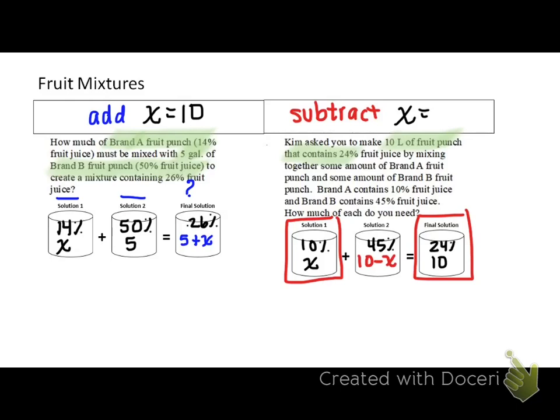Freaking out. 0.1x plus 0.45 times (10 minus x). What did you guys get for the last one? Bingo. Okay.